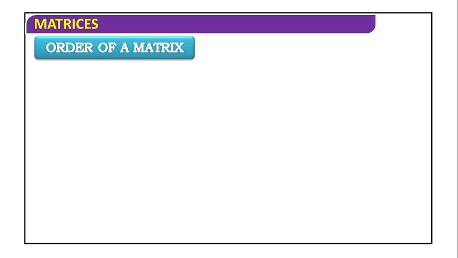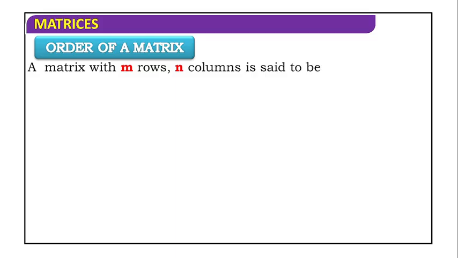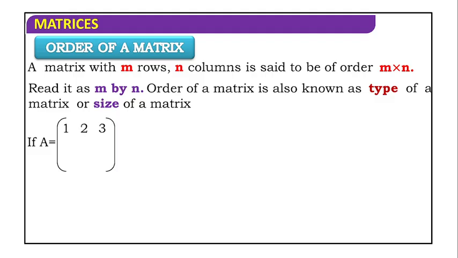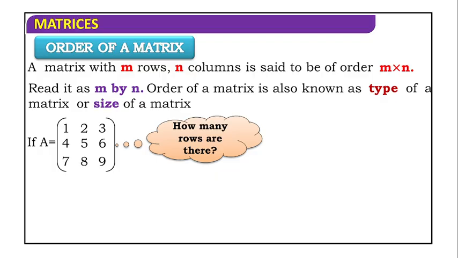Order of a matrix. What is the meaning of order? A matrix with m rows and n columns is said to have order m cross n, or m by n. If a matrix contains 9 elements, how many rows are there?